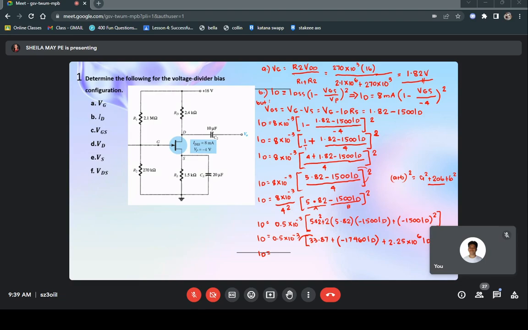So that's 16.94 times 10 to the negative 3. Okay. Positive 0.5 milli times negative here. Okay. So, ma-minus na siya.